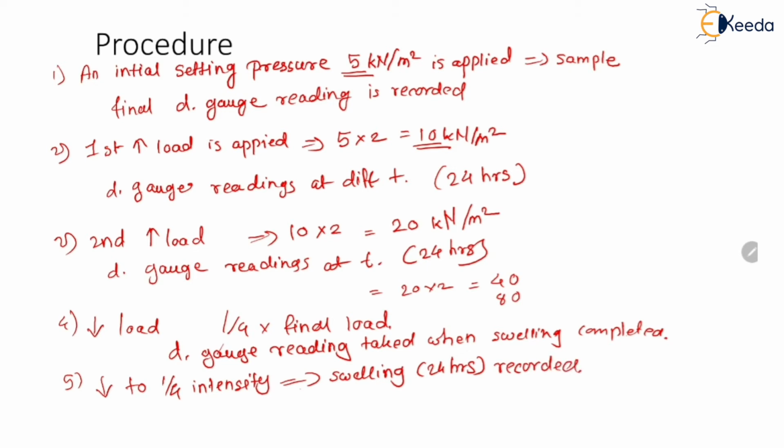We keep on reducing this load until we reach the initial setting pressure, which is equal to 5 kilonewton per meter square. The load is kept for 24 hours and the final dial gauge reading is taken.